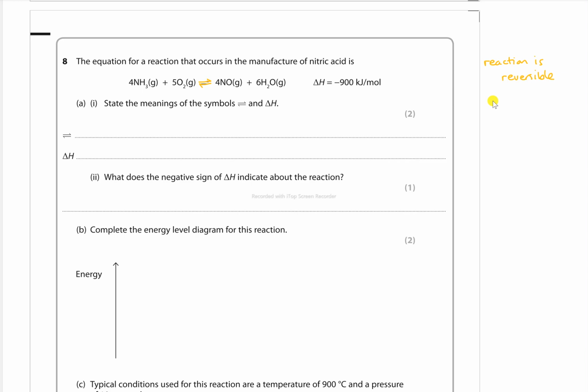Right, this delta H, we said the delta H means change in what? Enthalpy. What did we say enthalpy was? Heat energy or heat. Right, so we've got those two. So I can put here reaction is reversible.